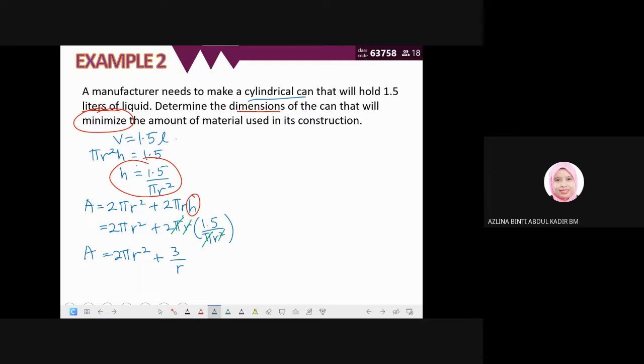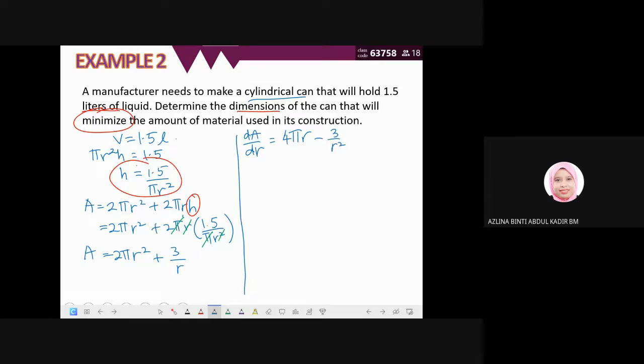This is the equation of A in terms of R. Now we can differentiate A with respect to R. So dA/dR is equal to, power in front, 4 pi R, and differentiating 3 over R gives negative 3 over R squared.